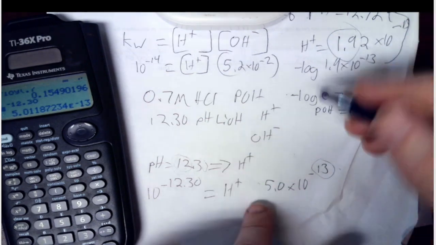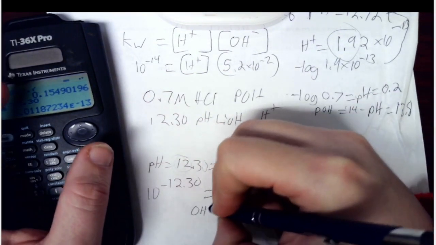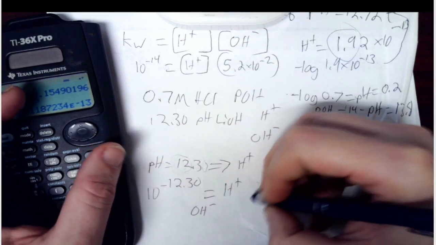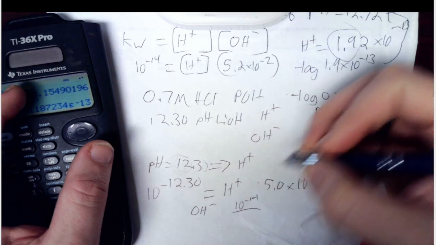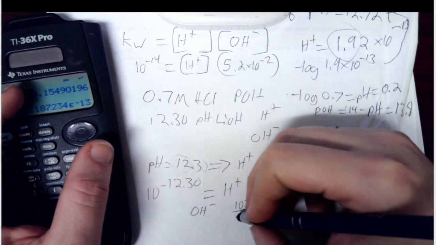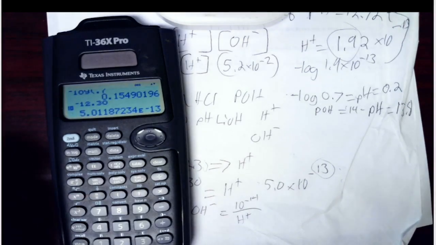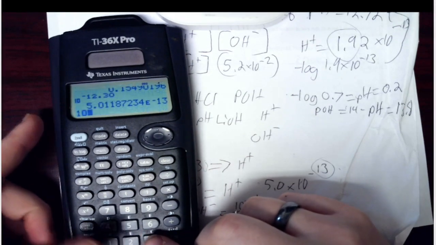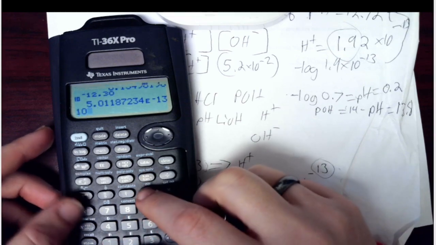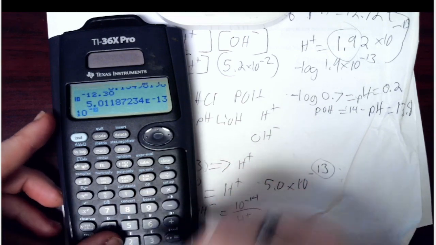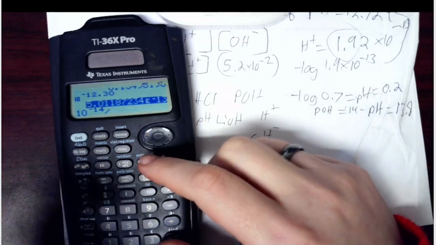Now, that is the H plus. To get the OH minus from that same situation, since we already have this, 10 to the negative 14 divided by our H plus is going to be equal to our OH minus. So we have to take 10 to the negative 14, and I'm going to divide it by my answer right here.